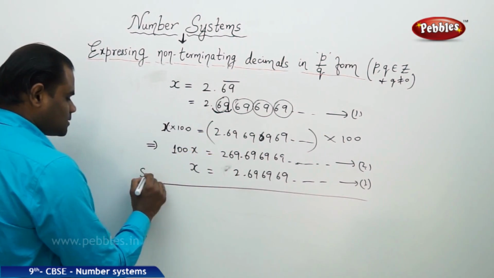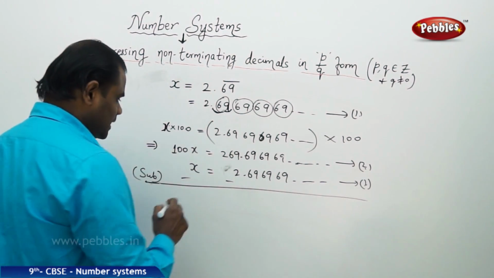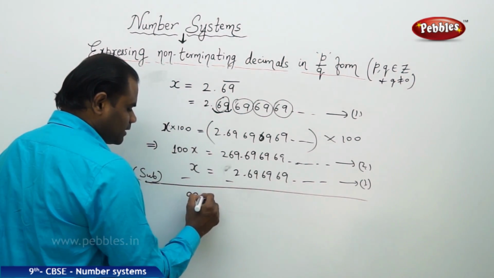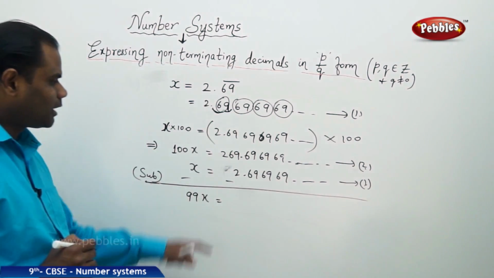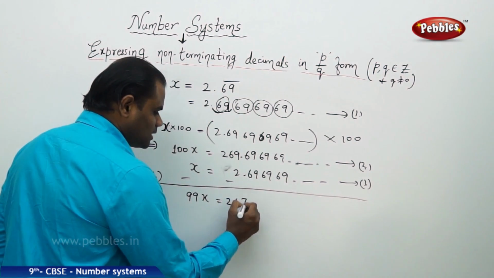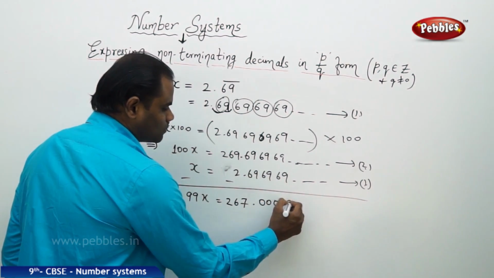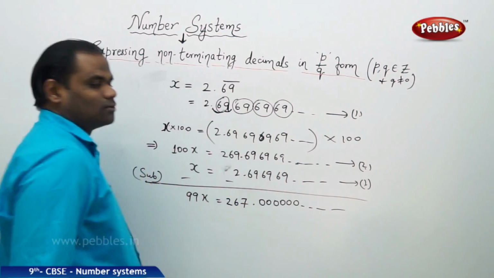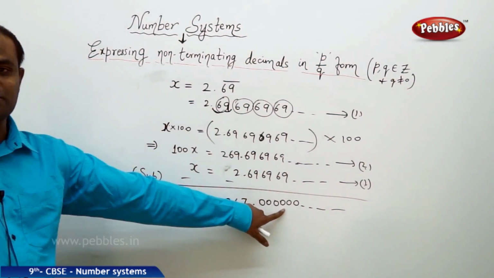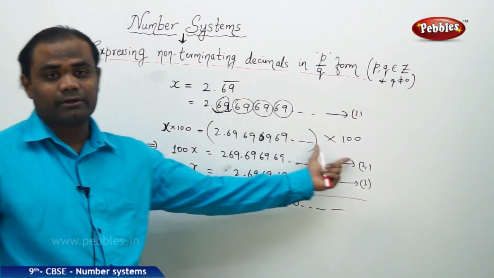So my next step is to subtract, so that 100x minus x is 99x, and 269.6969 minus 2.6969 is 267.69000000 and so on, which is how the decimal part vanishes when we subtract after multiplying by 100 on both sides.